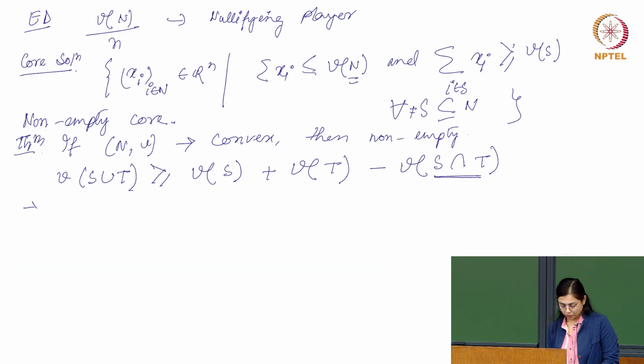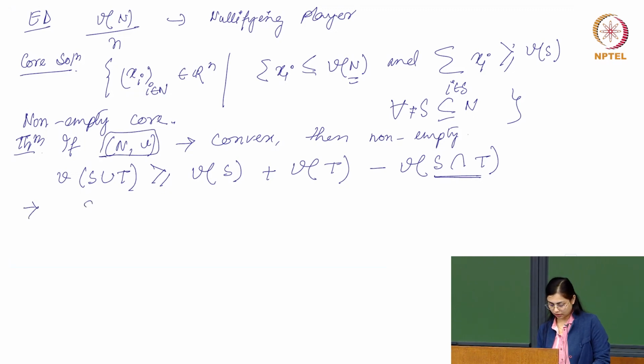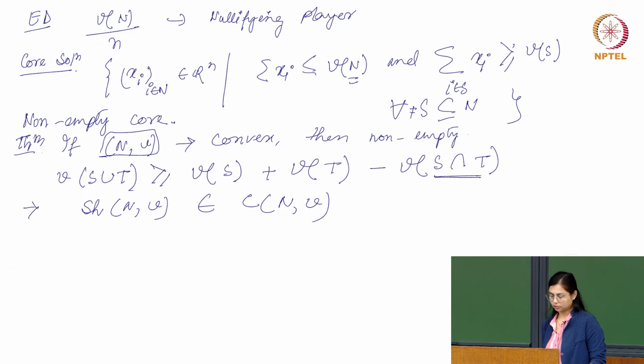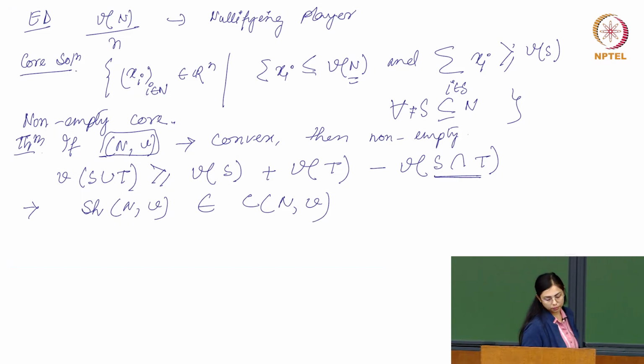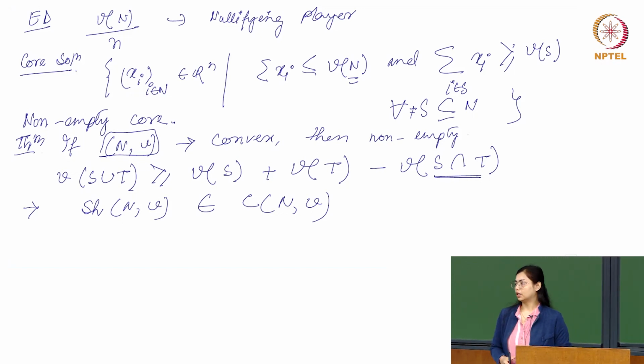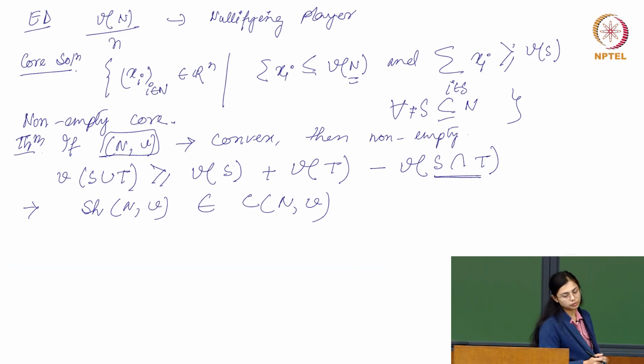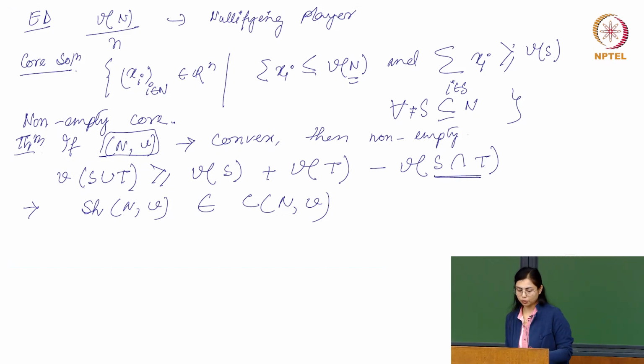Moreover, the Shapley value always belongs to the core. Not only the Shapley value, there are some other values that also belong to the core if V is a convex game. Those other values I don't want to discuss, because some values are not extended to network games, but this kind of value has already been introduced for network games.